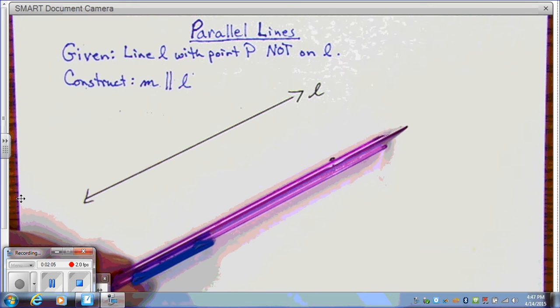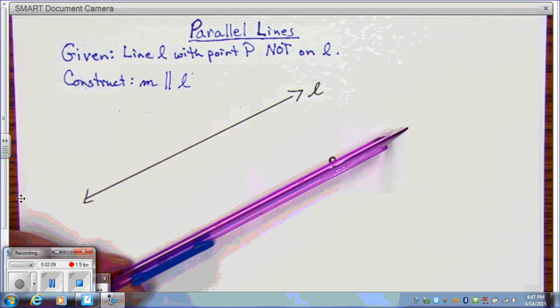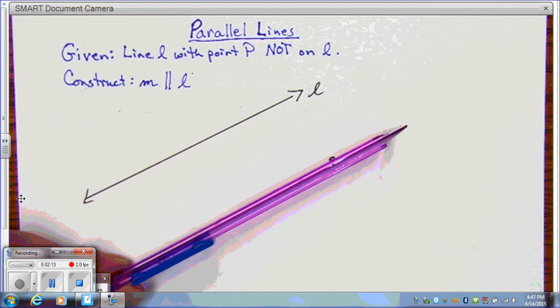Does that make sense? Does that seem right? That's my answer. But again, you can't just go there, let's draw it, and we're done. This is a construction. It has to be done precisely and using previous theorems to make sure it's true.